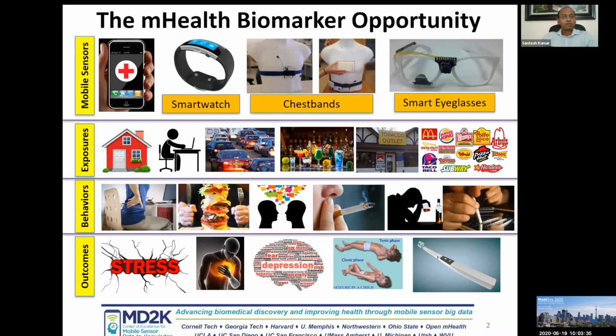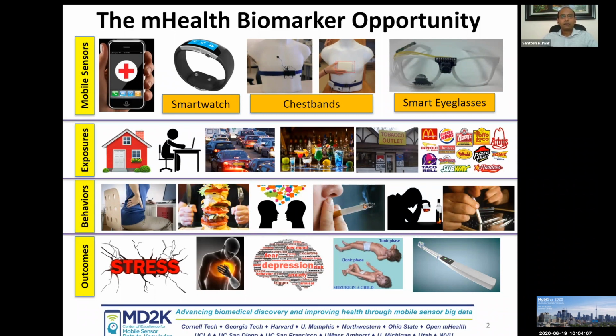So the wearable sensors and sensors in the smartphone can be used in a variety of ways. When it comes to tracking of health and wellness, we can use them to monitor exposures to various environmental cues or risk factors. We can also use them to monitor daily behaviors, which are other risk factors for health and wellness or adverse outcomes in health.